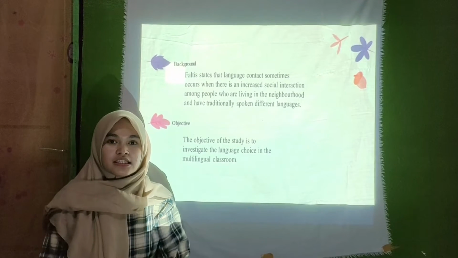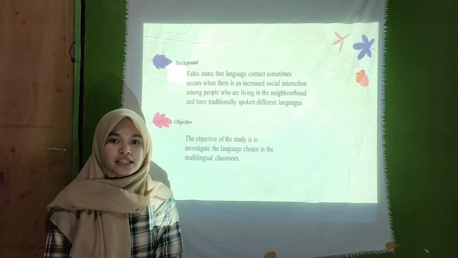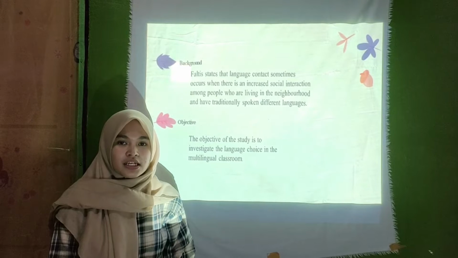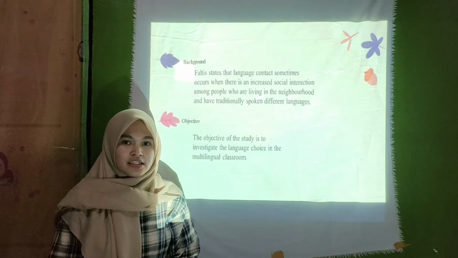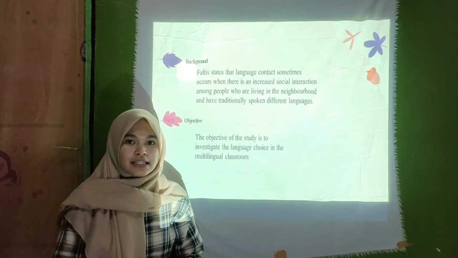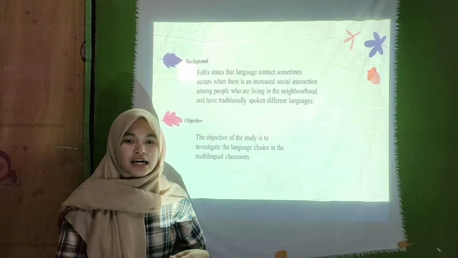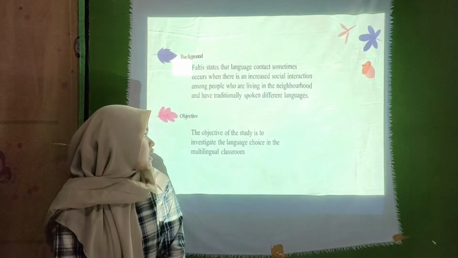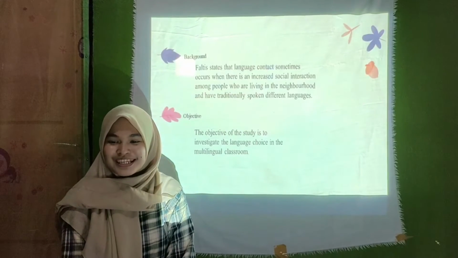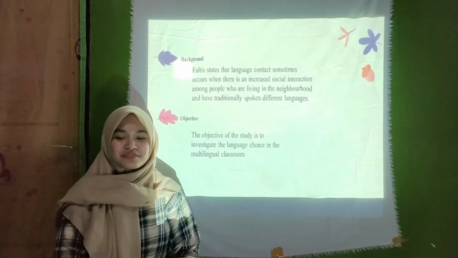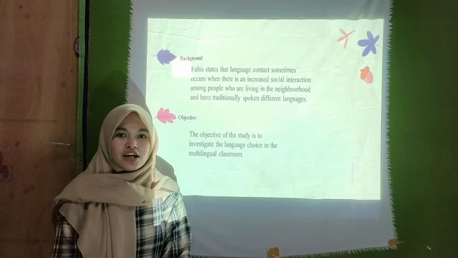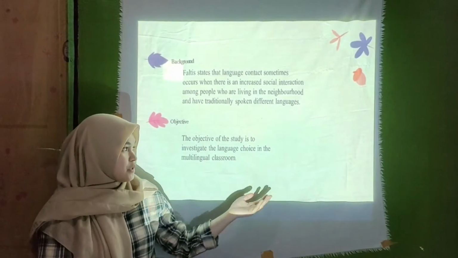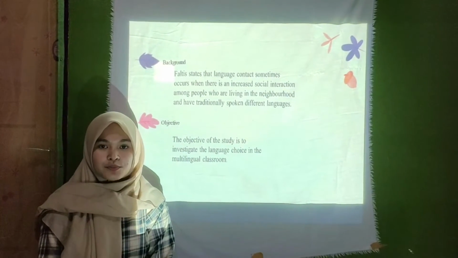But the difference happened in Darussalam boarding school. Many students speak Bahasa, but some switch to Arabic and English. Because of that, the objective of this study is to investigate the language choice in a multilingual classroom.